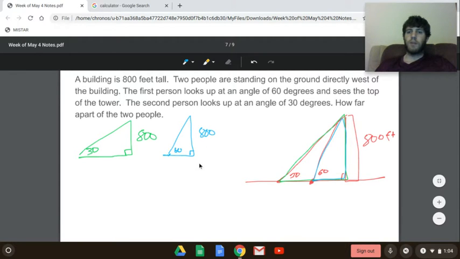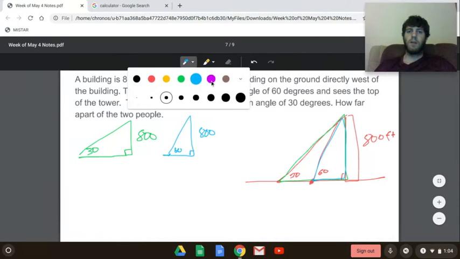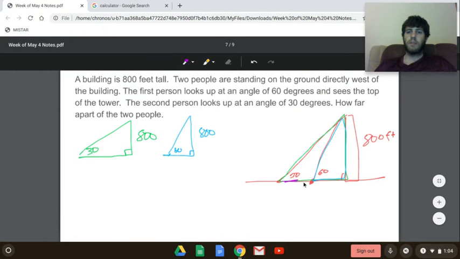So we have two triangles. We want to find how far apart those two people are. The distance we're trying to find is this right here. In order to find that, we're going to need the base of both of these triangles. If we call the base of the green one x, x is this entire piece here. Then we can call the base of the blue one y, and y is this piece here.